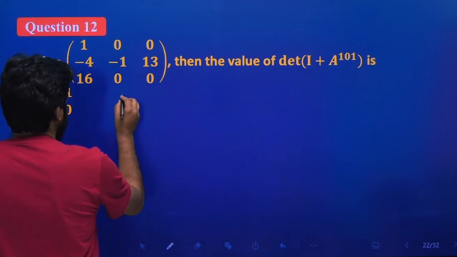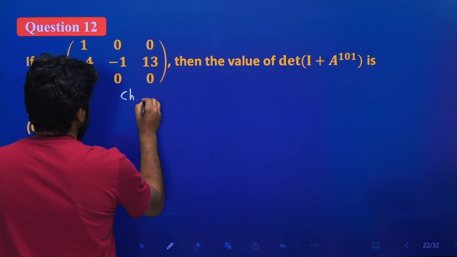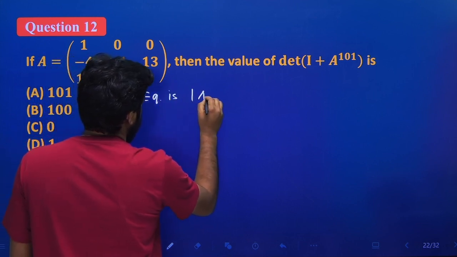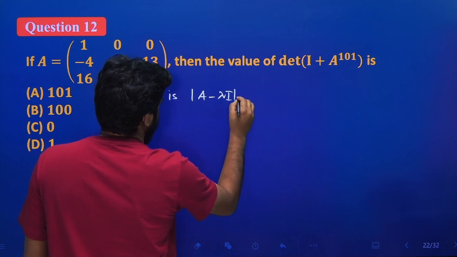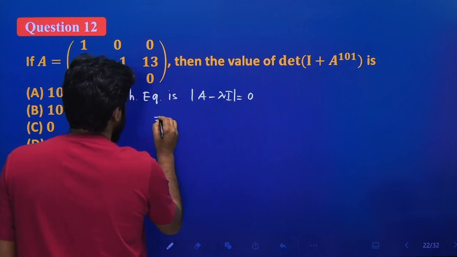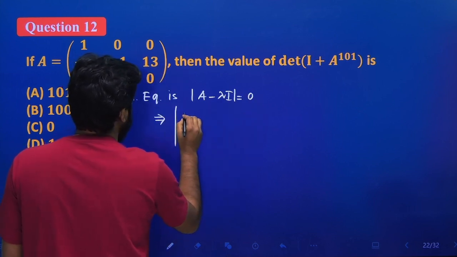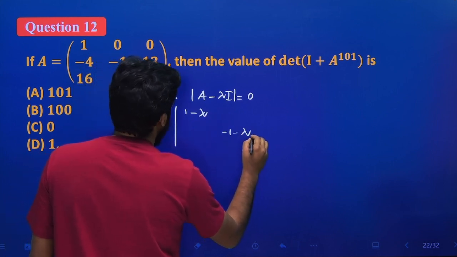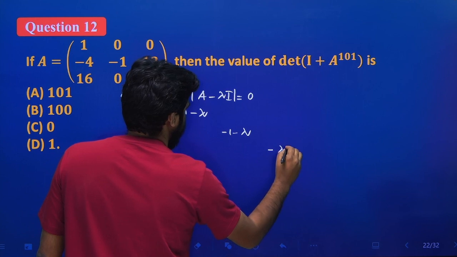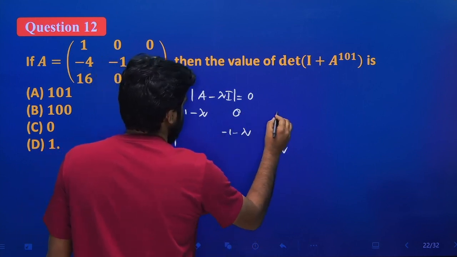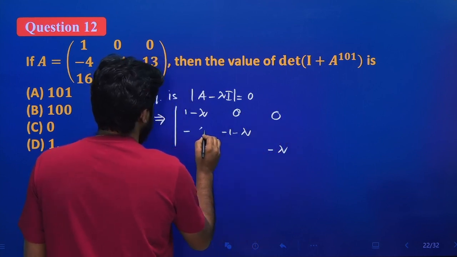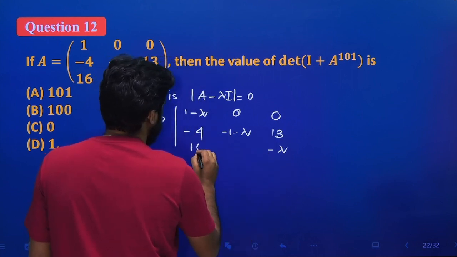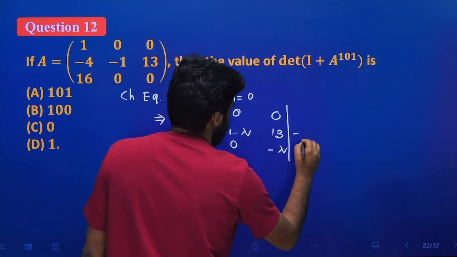So what is the characteristic equation? The characteristic equation is determinant of A minus lambda I is equal to 0. So this implies the determinant with rows 1 minus lambda, 0, 0; minus 4, minus 1 minus lambda, 13; 16, 0, minus lambda, is equal to 0.